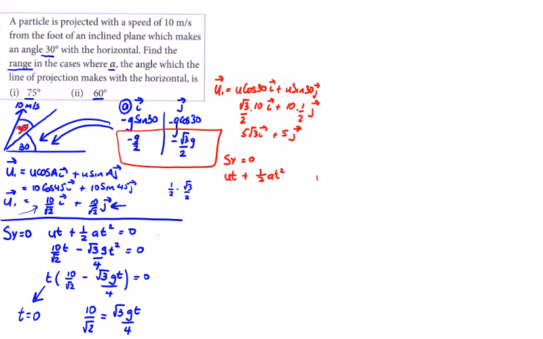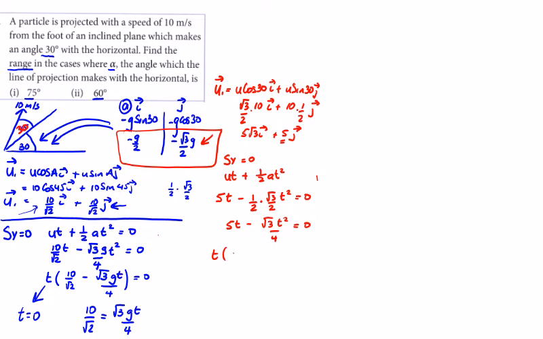You could try and skip a few steps and do this much quicker, but I think just keep it simple. 5 in the y direction times t minus a half times the acceleration in the y direction. This minus root 3 over 2. We have the minus in already, so root 3 over 2 times t squared, minus this equal to 0, 5t minus root 3 t squared over 4 equal to 0.